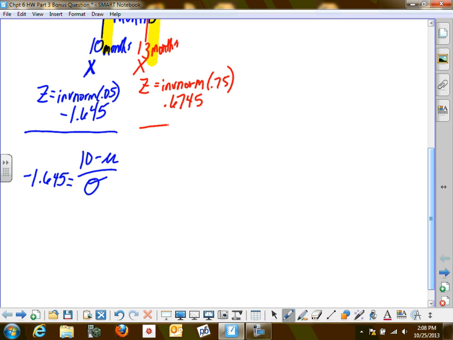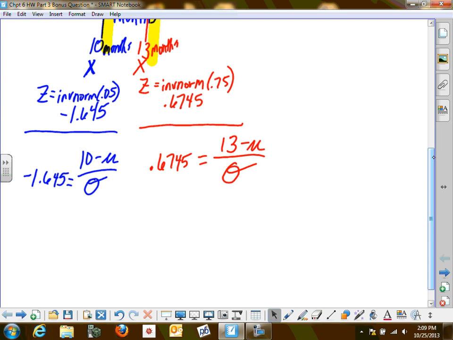So now our formula for this red equation is going to be 0.6745 equals our data minus the mean over the standard deviation. Okay, and I actually had quite a few people be able to get to that point right there. They were able to get those equations, and that's good, because you actually then got the statistical aspect of this, but the bad side is that the part you missed is Algebra 1.